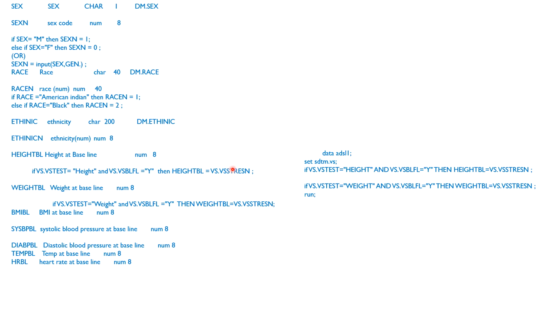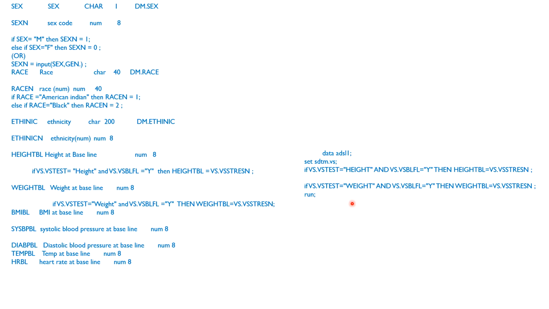So how we are going to derive it, here we can see, first we need to get the sgtm dot vs, all the variables data we need to get from the VS domain. VS test equal to height and VS baseline flag equal to Y. So once VS baseline flag is equal to Y, then height baseline flag will be derived as the new variable. So whatever VS standard numeric value is there, that value will be assigned to this variable.